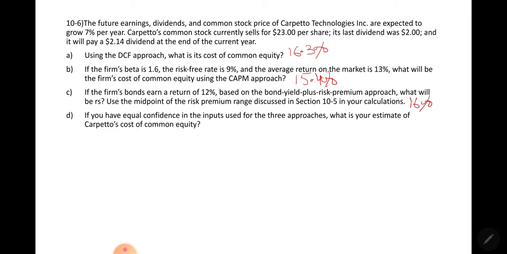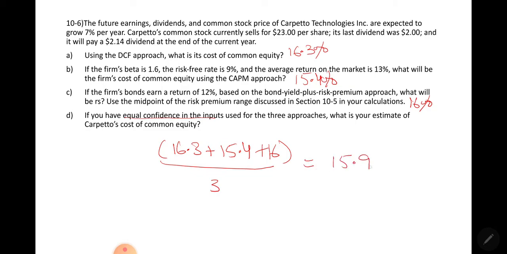It's telling you that you have equal confidence, so that means you can take an average of all three values. The average will be 16.3 plus 15.4 plus 16, divided by 3. So the average is coming out to be 15.9%. This is the estimated cost of common equity.